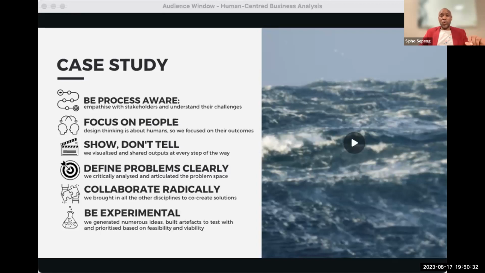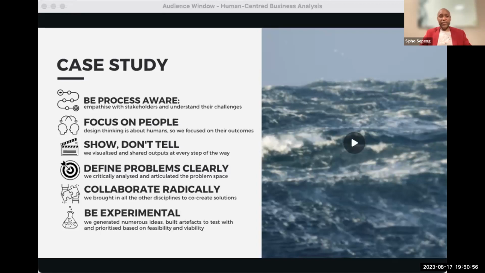So to show and not tell was quite critical. So as often as we could, we would build and visualize outputs from customers, being the employees in this case, to help inspire our stakeholders to this design process.